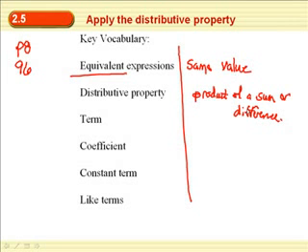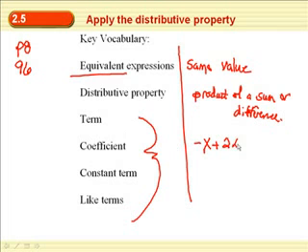And then we have a term. All of these would be best described with an example. So let me write an example here: negative x plus 2x plus 8.